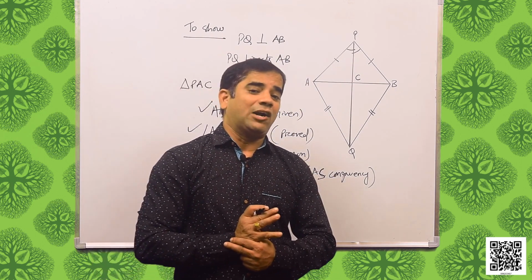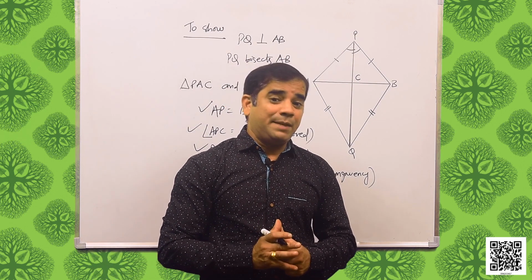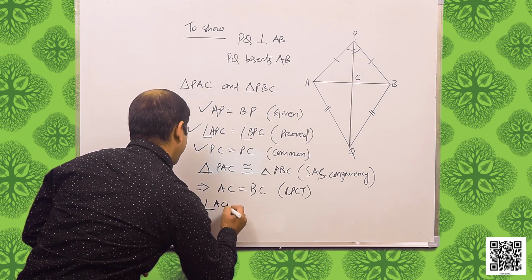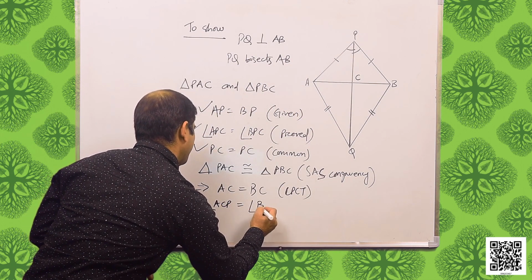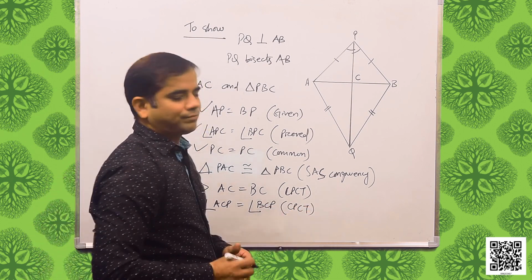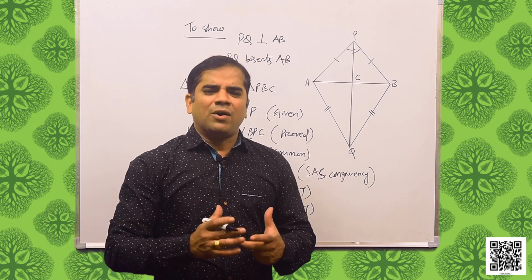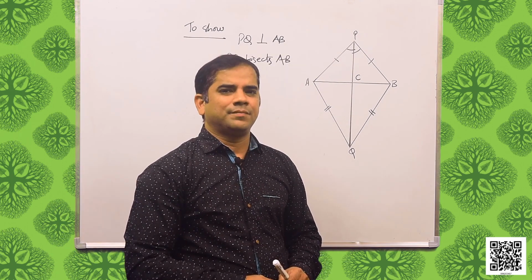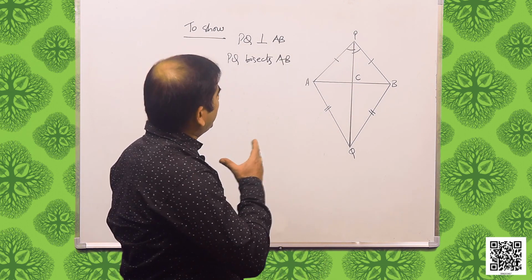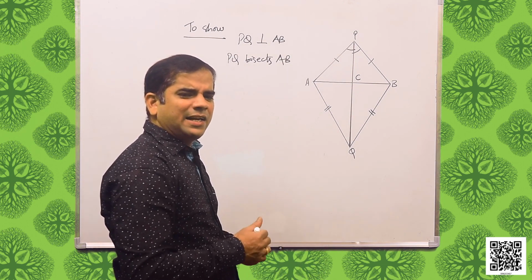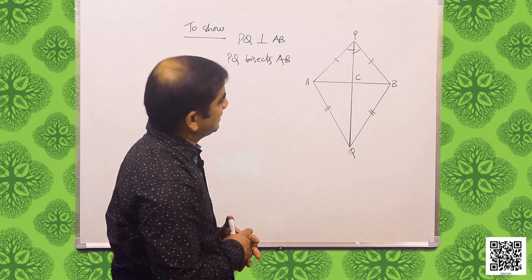Another thing we can find out is that angle ACP is equal to angle BCP. They are also corresponding parts. Now let us go ahead with the solution part. Students, we can also see that angle ACP and angle BCP are a linear pair, isn't it?